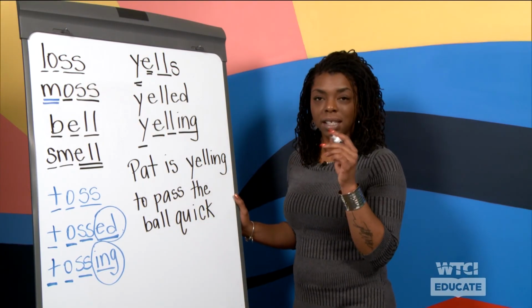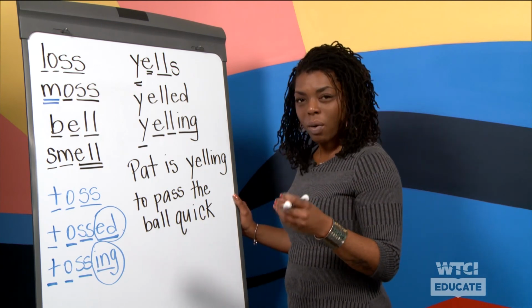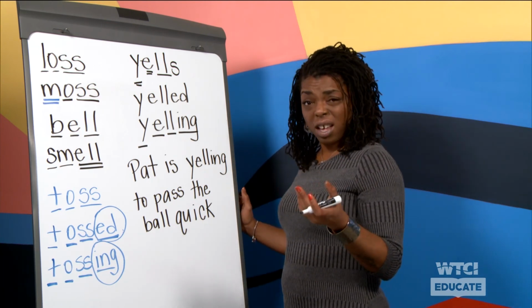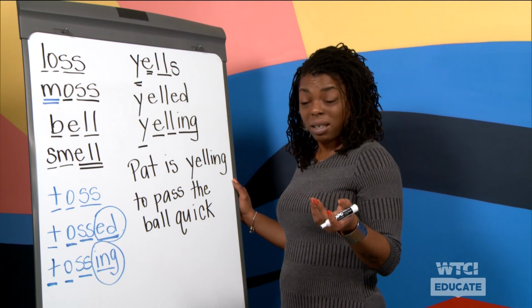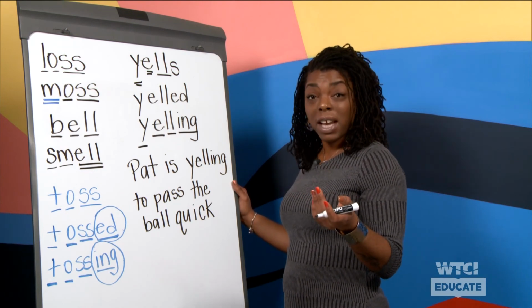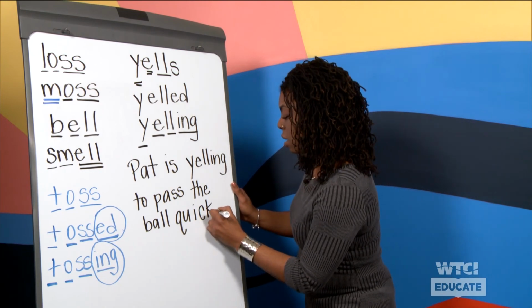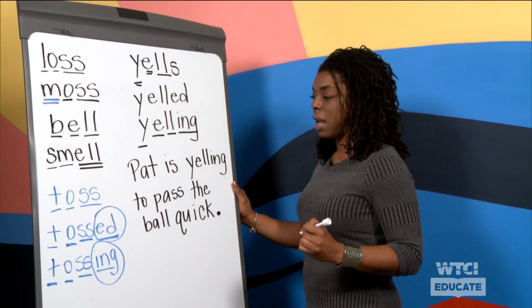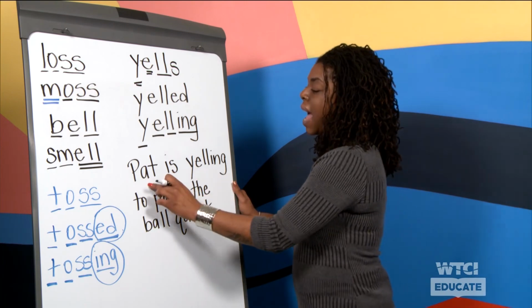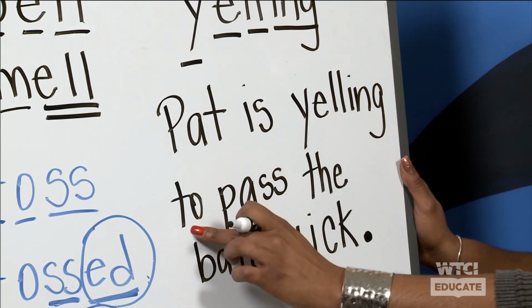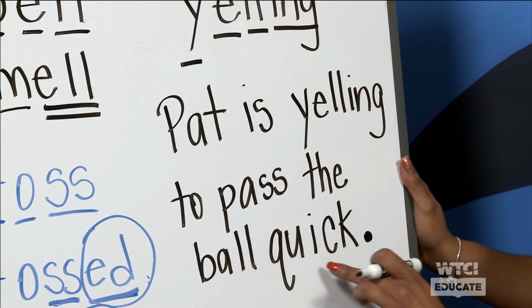I know this is a sentence, right? I'm not asking a question. I could be saying it with excitement, so it could be an exclamation mark, but I'm going to go ahead and write a period. If you want to write an exclamation mark, you can.